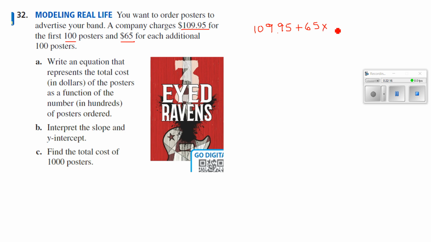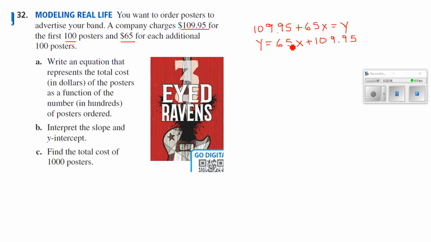And that's going to be our equation for solving this. If I wrote this the other way, it'd be y equals 65x plus 109.95.